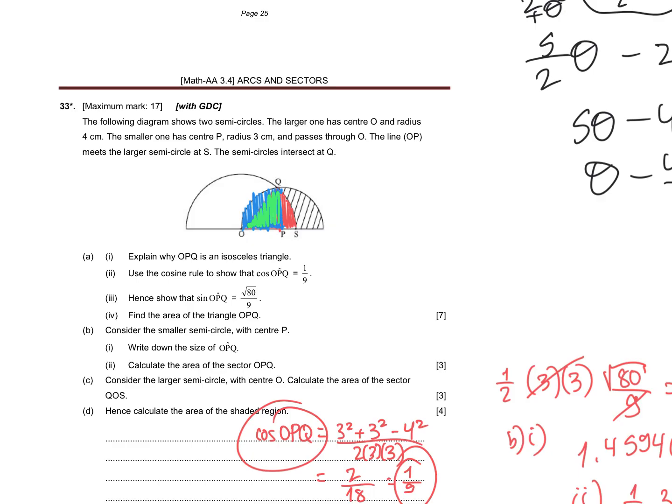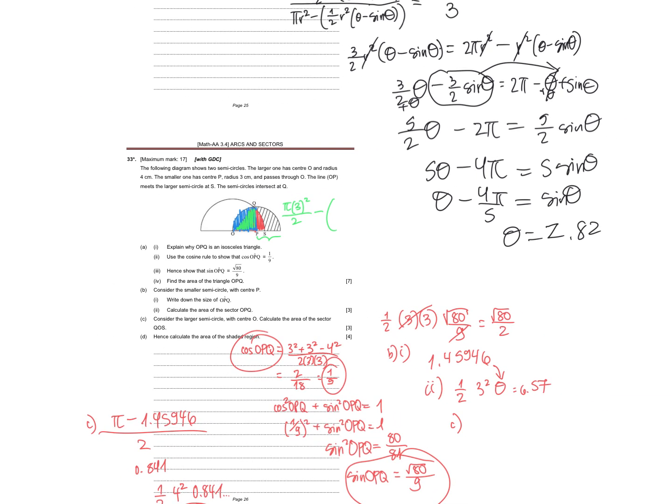So what we're going to have is pi r of this one is 3 squared, and divide by 2, because that's a semicircle. Now from that, we're going to subtract the area of the OPQ sector, which was in B(ii), which was 6.57.